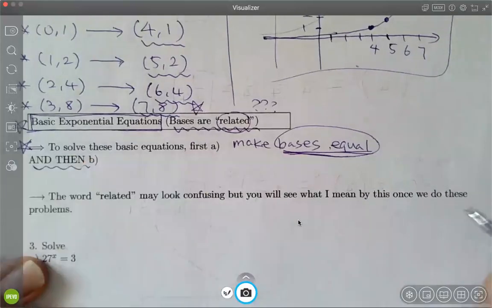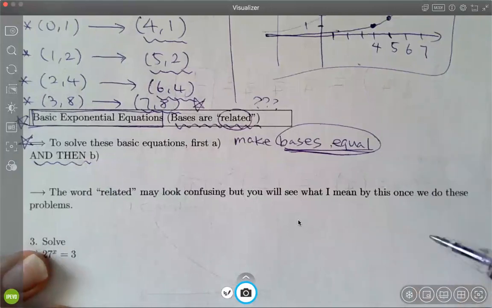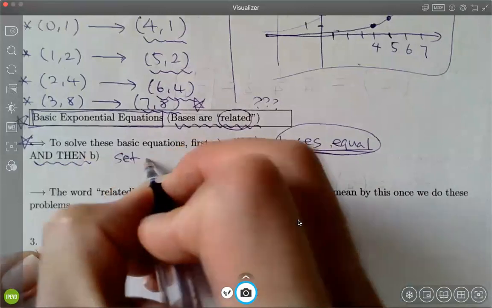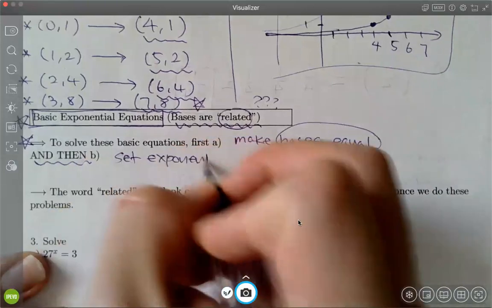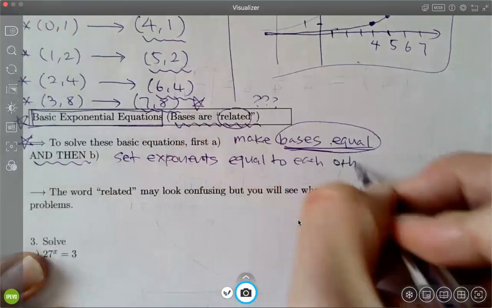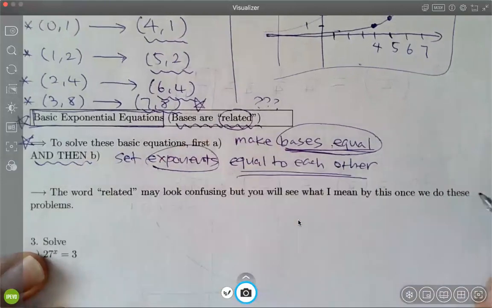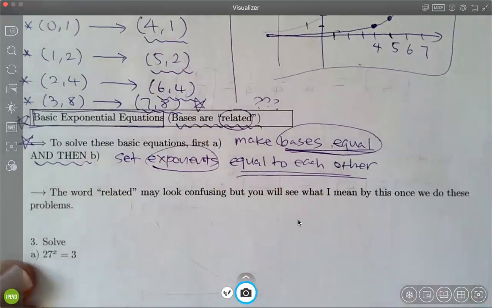Once you have the same bases, you set exponents to be the same as well. So first you need to have the same bases, and then you can set exponents equal to each other. Now maybe let's do 1 or 2 problems here just to illustrate what I mean by this.